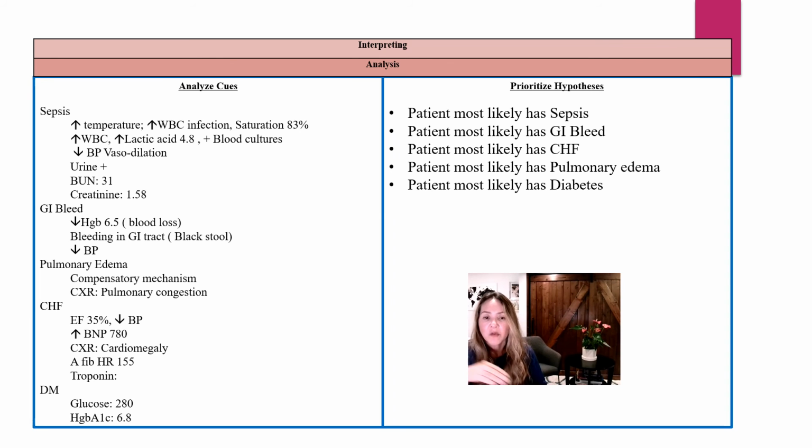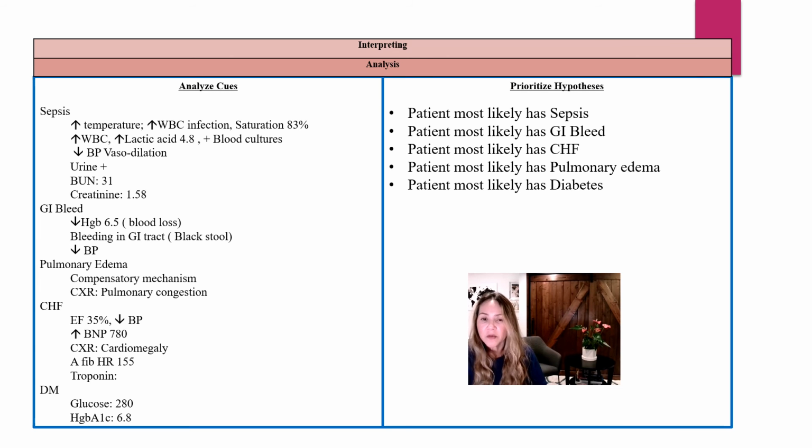categories. So what we did here is we chose sepsis, GI bleed, pulmonary edema, CHF, and diabetes to group all our abnormals. In sepsis, as you all know, you will have elevated temperature because of course an infection is happening. You will have elevated WBCs, and this patient has elevated lactic acid and positive blood cultures.